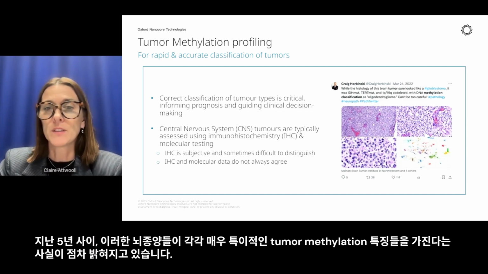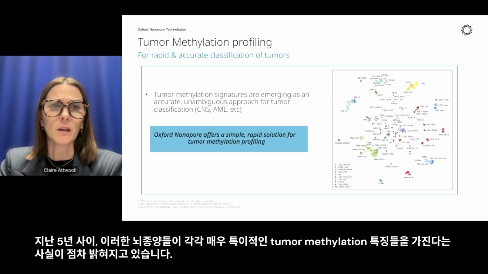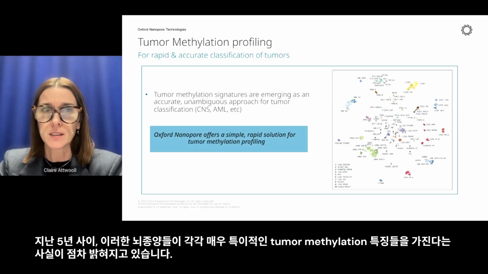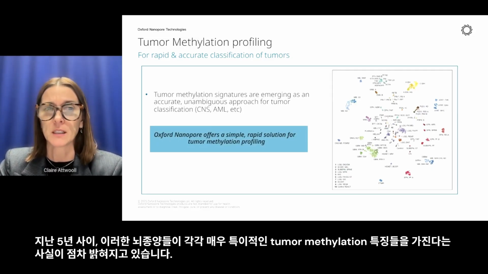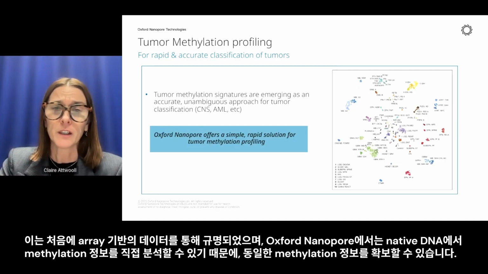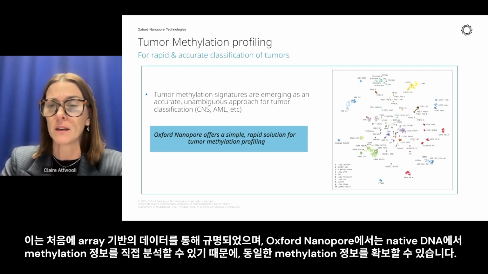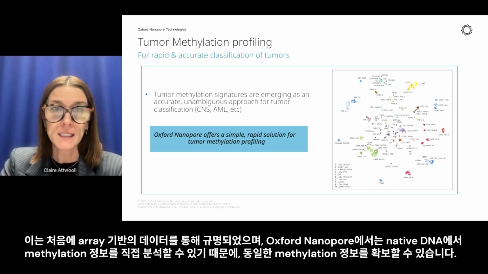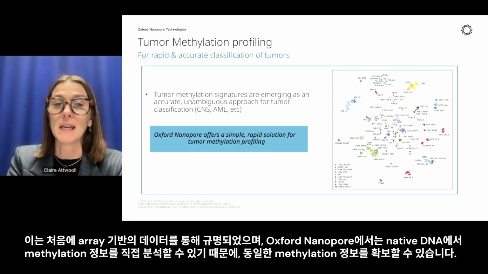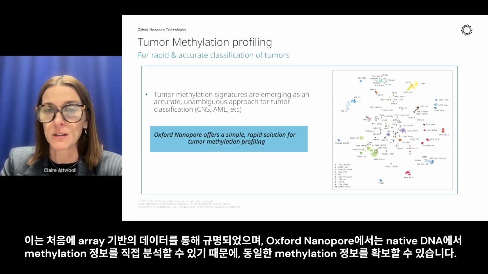I would say in the past 5 years it has emerged that these brain tumors all have very distinct tumor methylation signatures. This was first identified using array data, but because we offer methylation from native samples, we can get that methylation information as well.